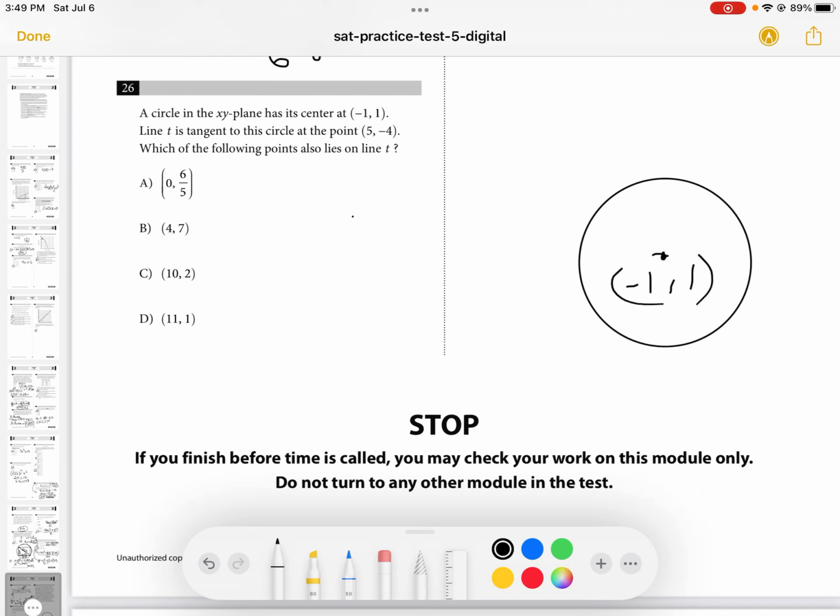Negative 1, 1. And this is our point right here, 5, negative 4.